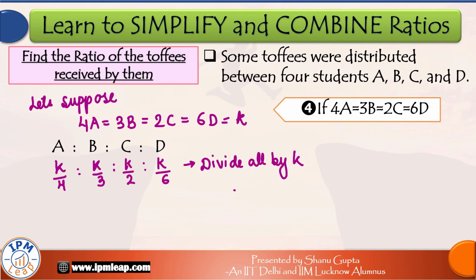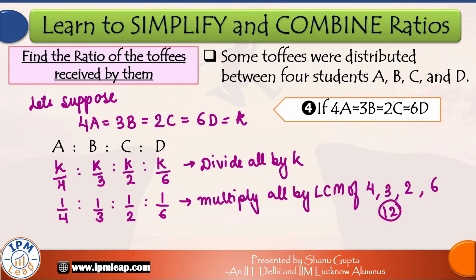To simplify, I first divide all quantities of this ratio by k and I get this. Next, I multiply all quantities by LCM of 4, 3, 2 and 6, which are the denominators of these fractions.